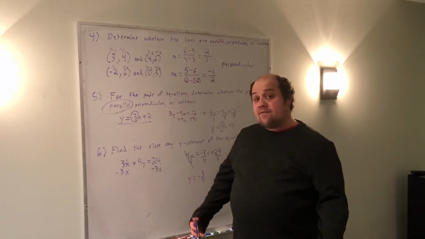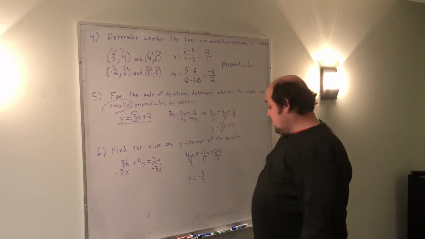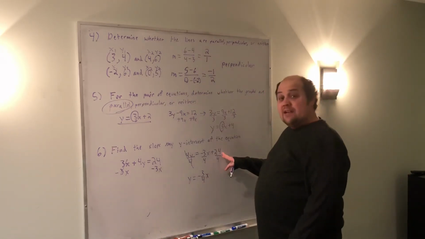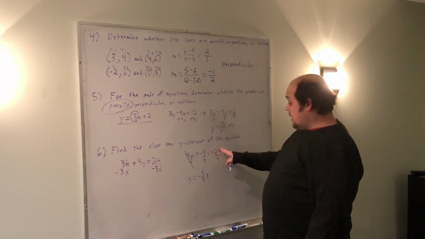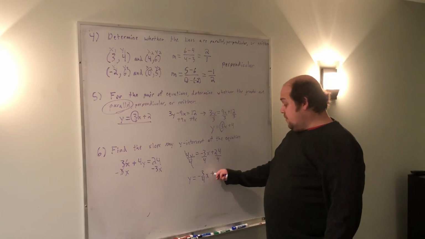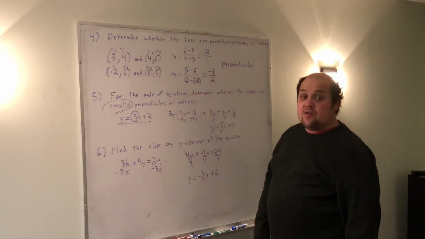That way if you had to graph the line, you could do it as rise over run. So I'm going to leave this as negative 3/4 x. As opposed to the y-intercept here, which basically is a whole number if I divide. 24 divided by 4 should just leave me with plus 6. It's better for me to do that division.